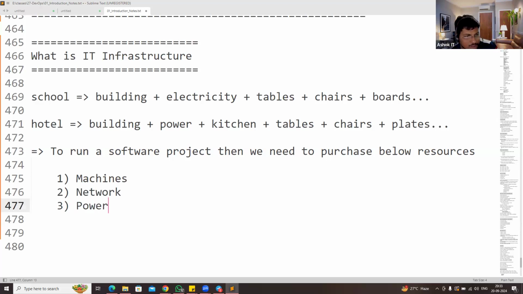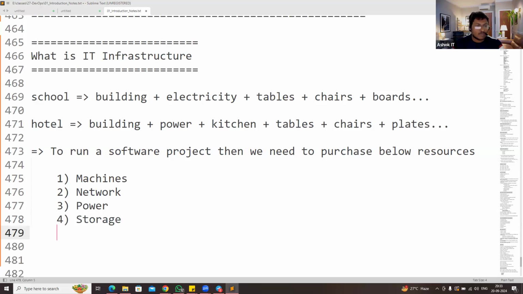Electricity is required for these machines. Along with this, for these machines we need some storage. Whatever data we are storing, we need to maintain a backup for that storage, and we need to maintain security also for these machines.